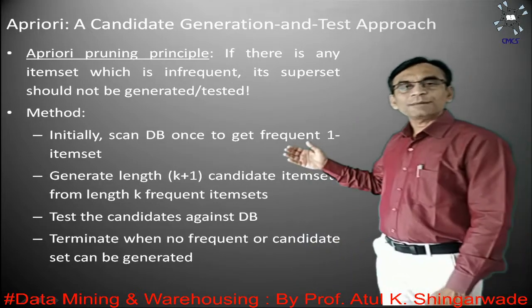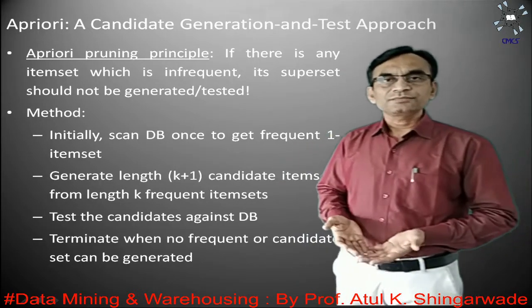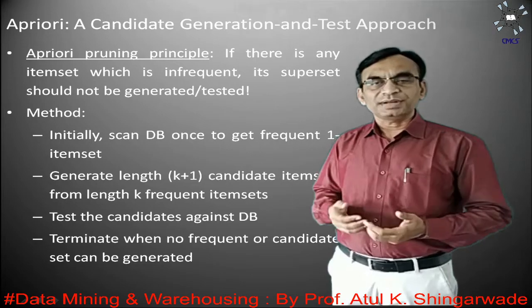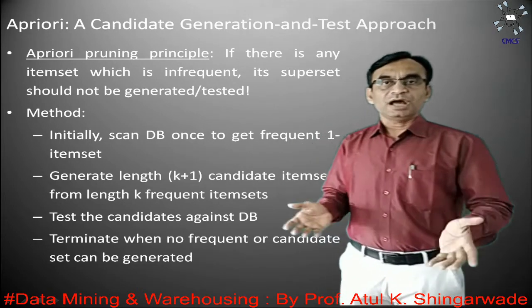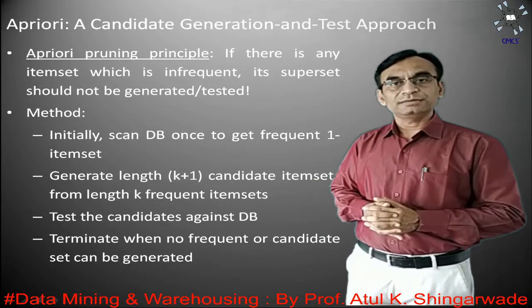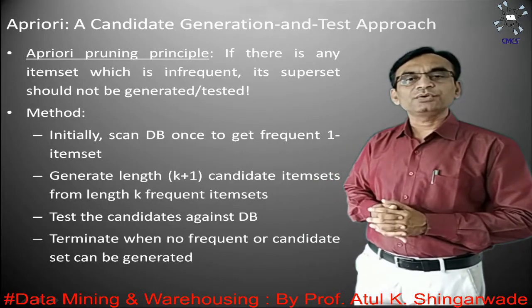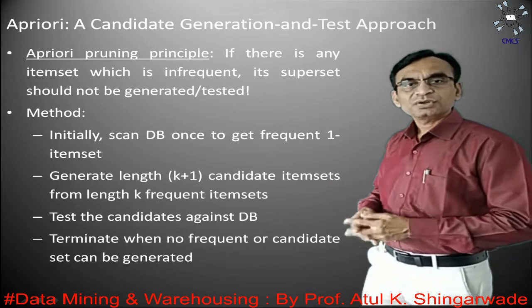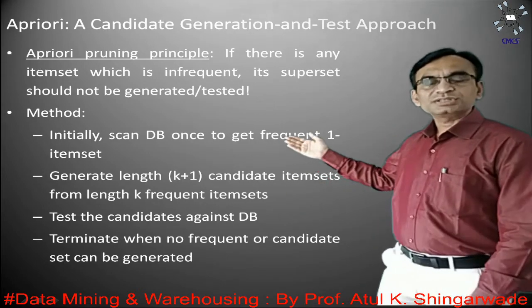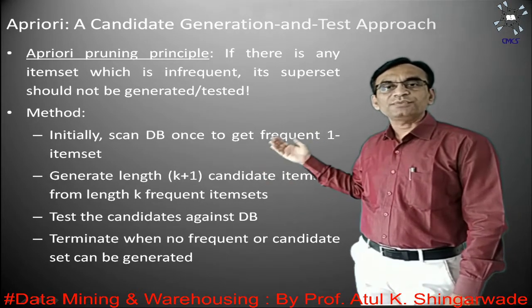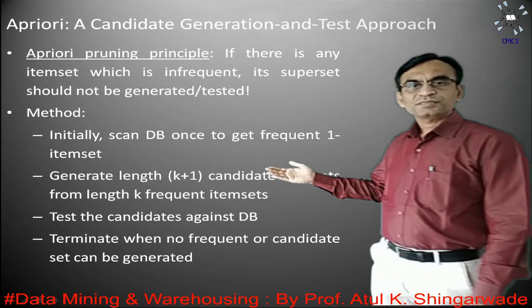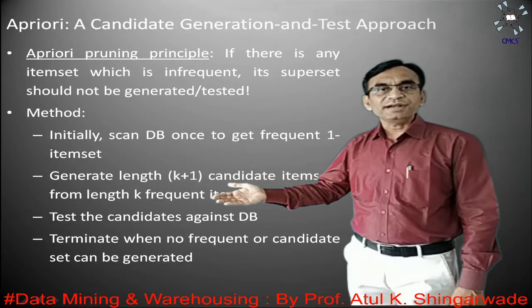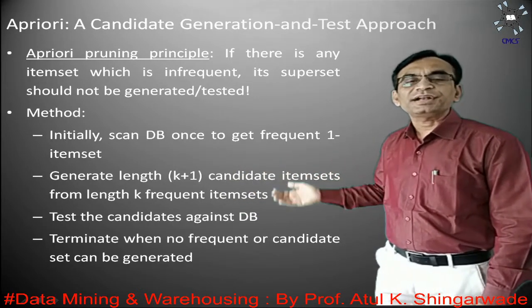We are going to discuss this with the help of an example, where I will have a data set and show how the frequent one item set can be obtained. We will discuss that in the next slide. So initially we scan the database once to get the frequent one item set. Once this is done, we generate a length k plus 1 candidate item set.